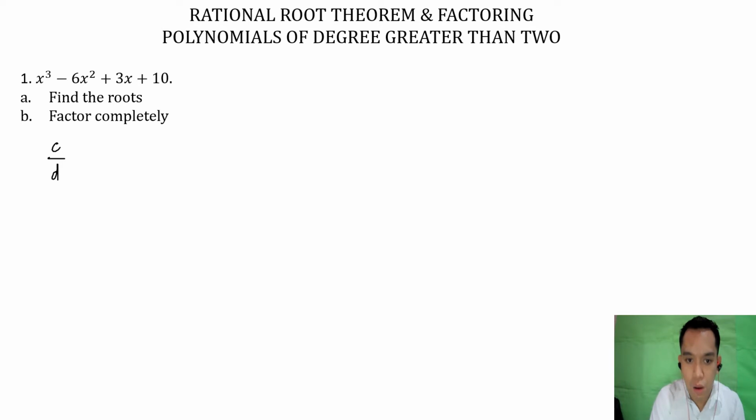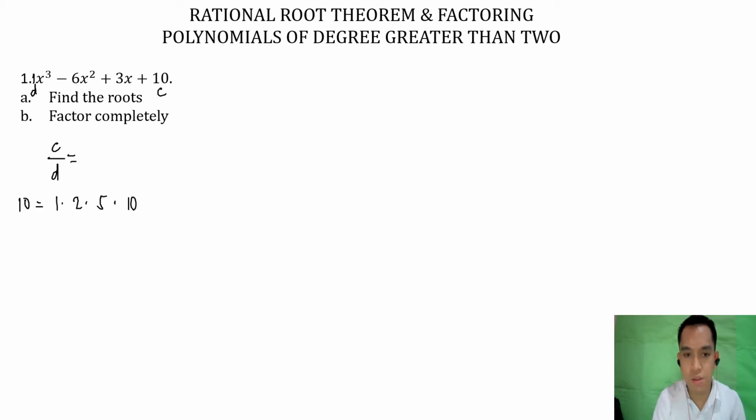So we are going to find first the factors of C. C is the constant, which is 10, and D is the numerical coefficient of the first term, which is 1. So that is our D. Then get the factors of 10. What are the factors of 10? The factors of 10 here are 1, 2, 5, and 10.